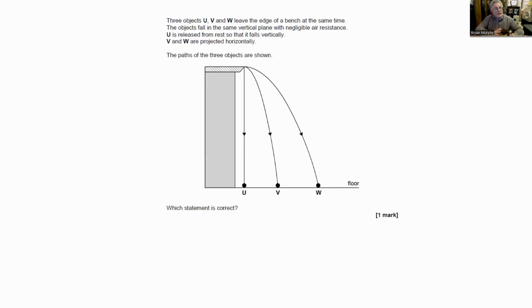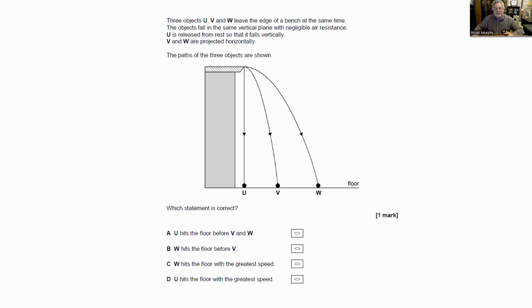The correct answer is they all land at the same time. But this is slightly harder than that. These are the options. It's a variation on a theme. We know that they all hit the ground at the same time, so it can't be that one, and it can't be that one.